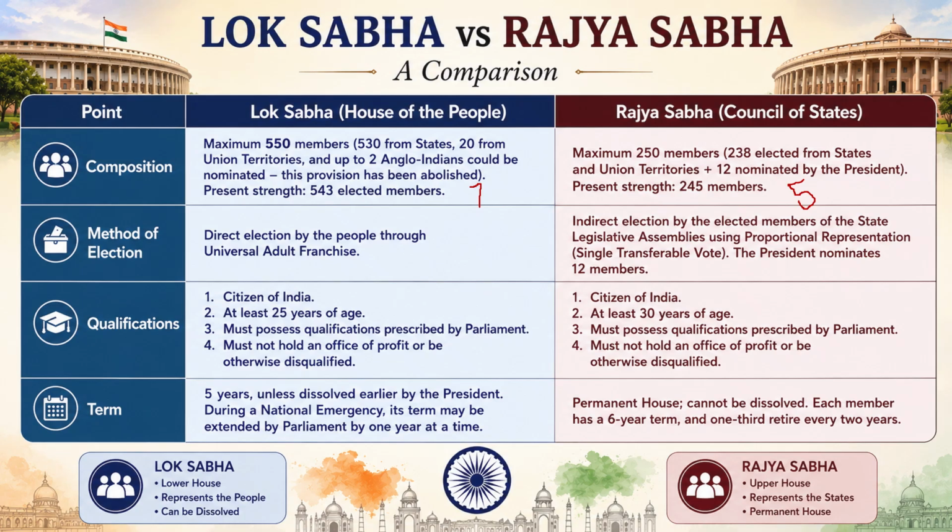As for Rajya Sabha, it's an indirect election. Over here, the elections are not done by us, but by the elected members of the State Legislative Assembly. For the State Legislative Assembly, I'll give you a very easy example that we'll be hearing in the news. We had Bengal elections, Tamil Nadu elections.